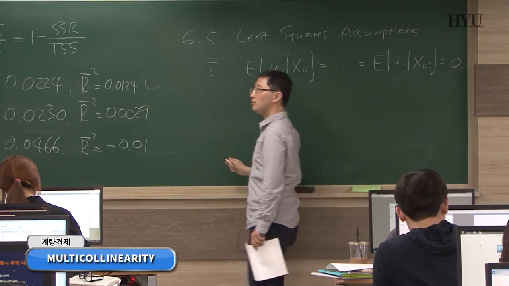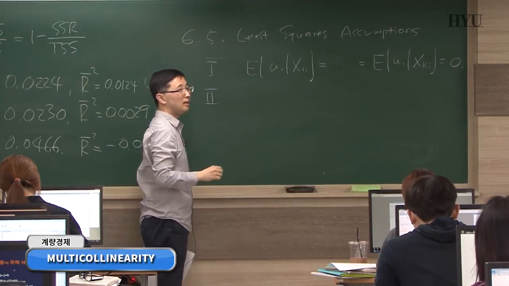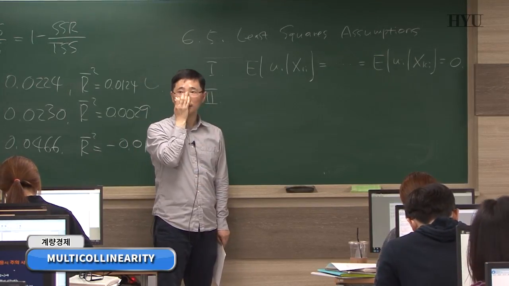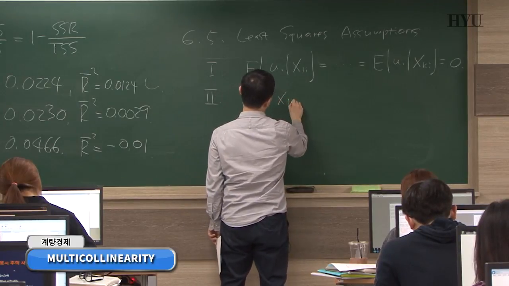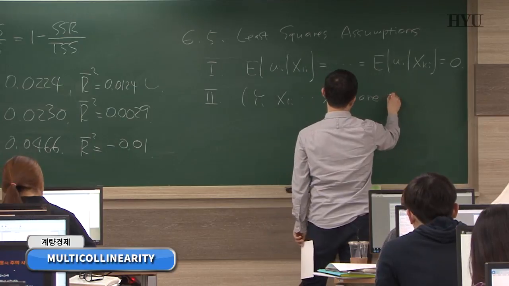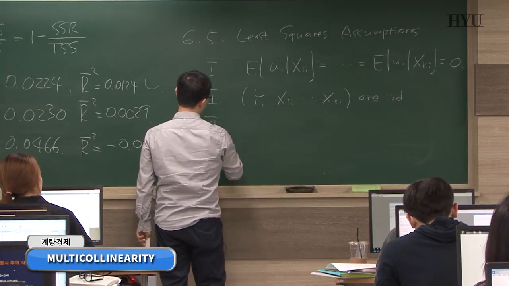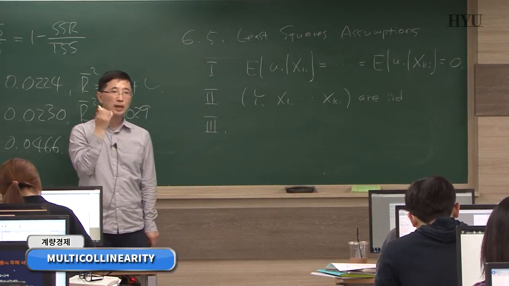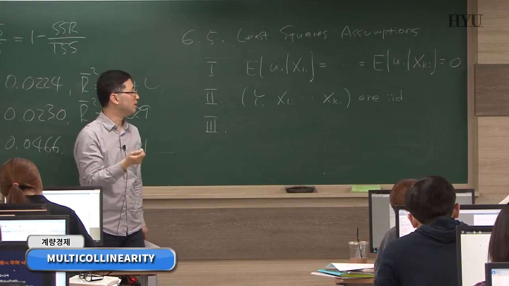So all the x's you have must be uncorrelated with U. What is the second assumption? The data must be random. What's the third assumption? Large outliers are unlikely.